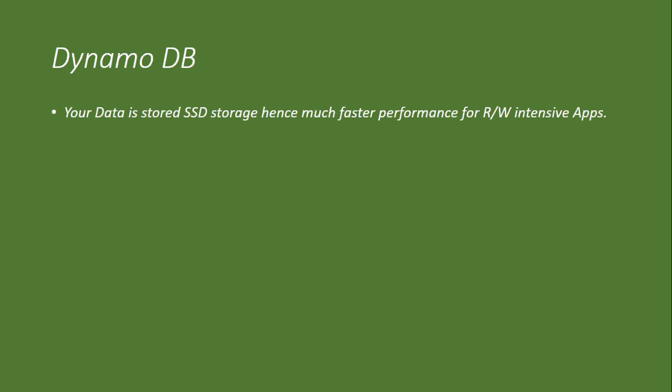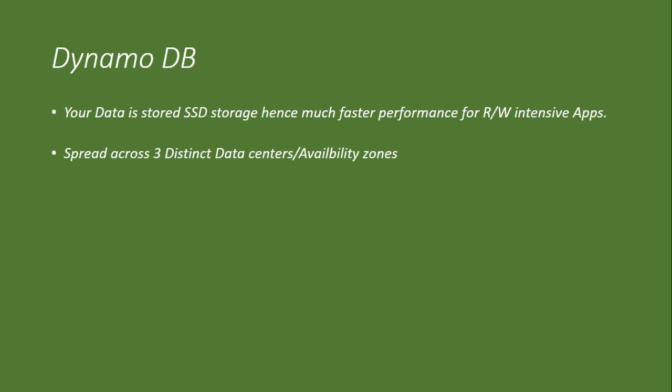So how is Amazon DynamoDB able to give fast performance? The technology used to store the database is solid state disk, which provides pretty high IOPS for your read and write operations. So you are able to get excellent performance for your application.